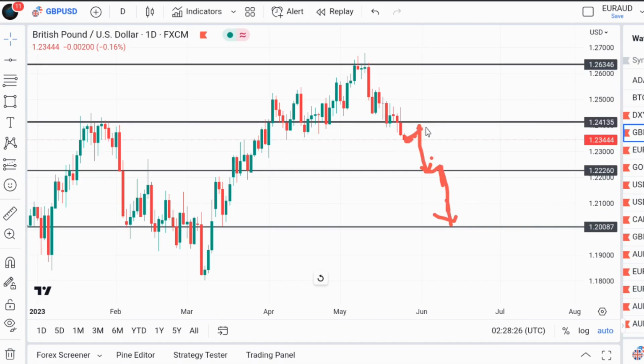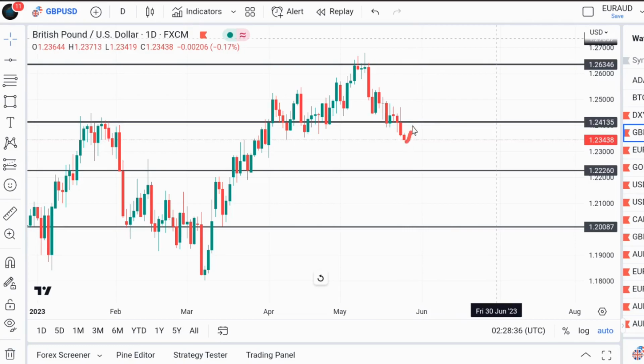So this is what I'm looking at on GBP US dollar now. So actually we might see a retracement forming a lower high, then coming to retest that particular level it has broken. So then after that, we might see a rejection to 1.22260, then 1.20080. So let's check the next pair.